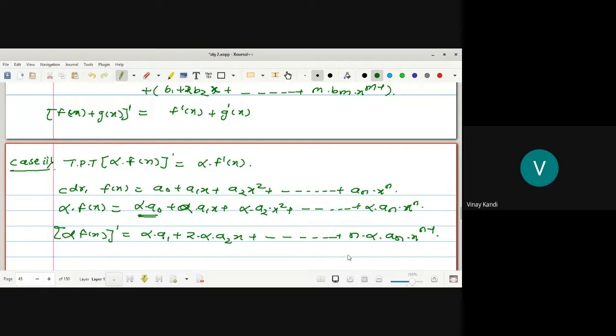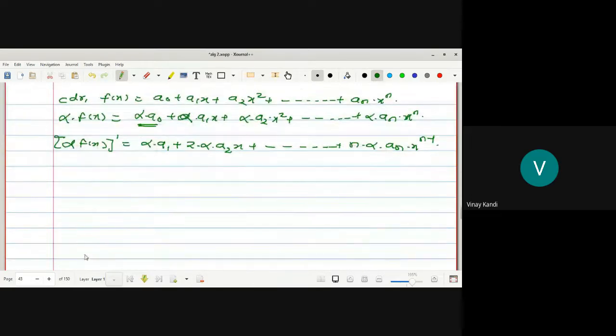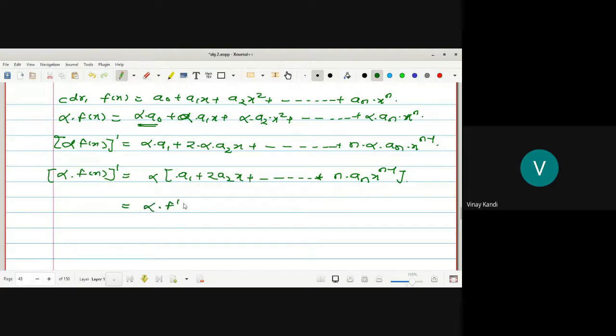So (alpha into f(x))' is equal to alpha into (a1 plus 2a2 x plus up to so on n an x raised to n minus 1), which is equal to alpha into f'(x). Any doubt?